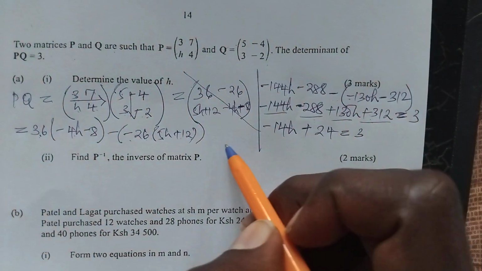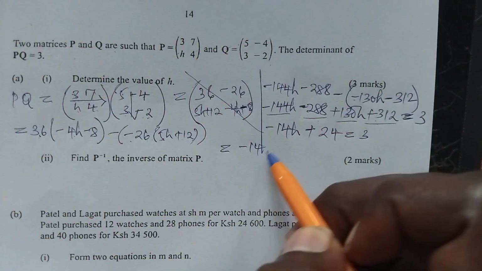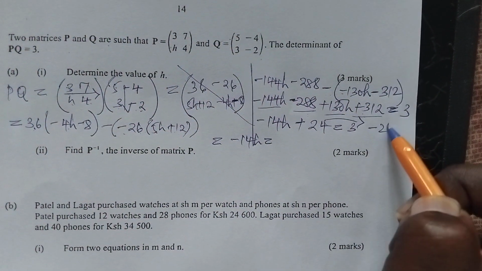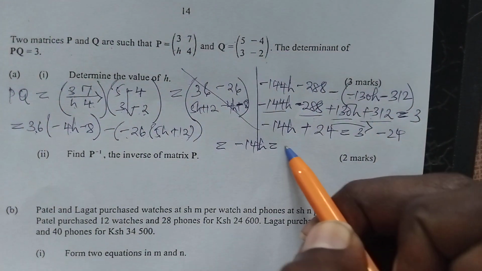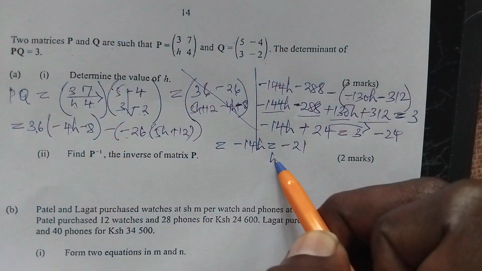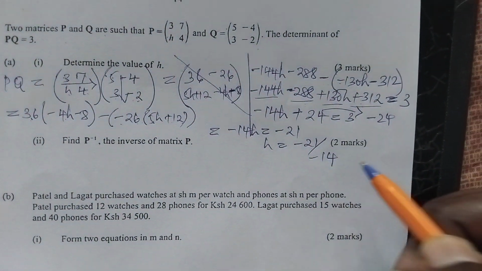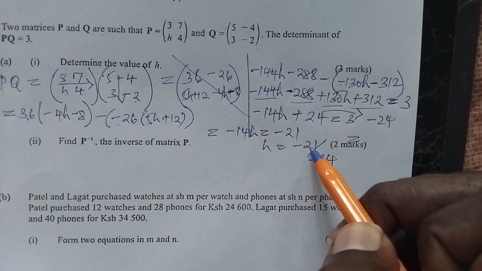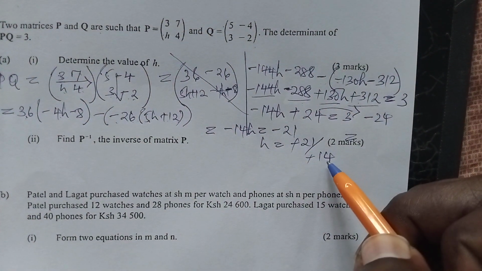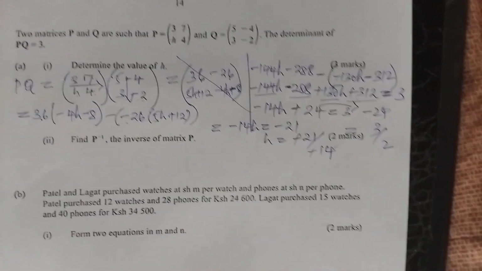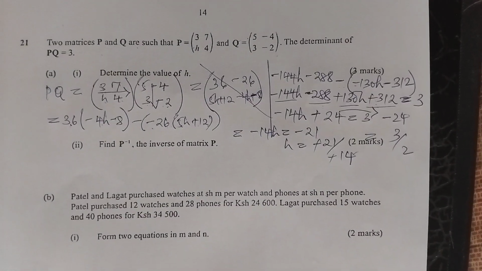So we shall have negative 14H is equal to 3 minus 24, so we'll have negative 21. So our value of H will be negative 21 over negative 14, and this becomes positive. So 7 here, 3; 7 here, 2. So H is 3 over 2.